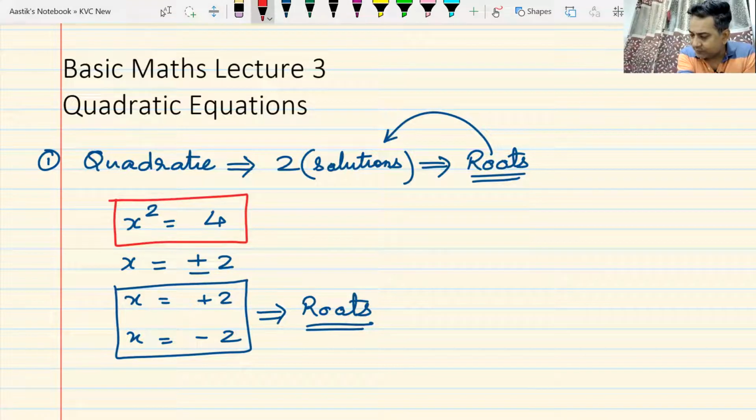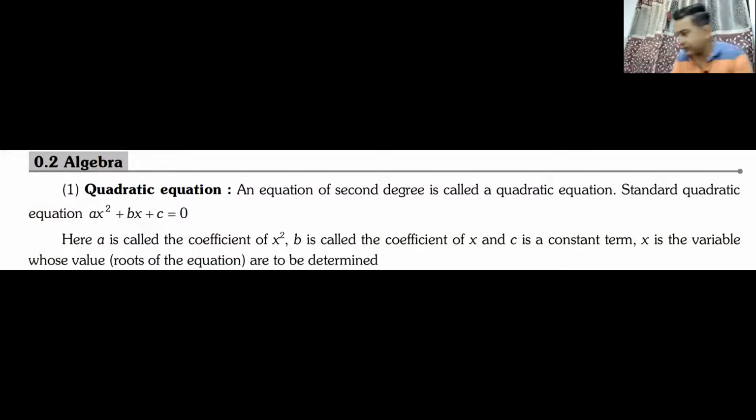I guess you know this formula, but still I'll go through it. Here is what a normal quadratic equation looks like. You can see on your screen, and I've sent this sheet to you. I hope you will be getting that sheet.